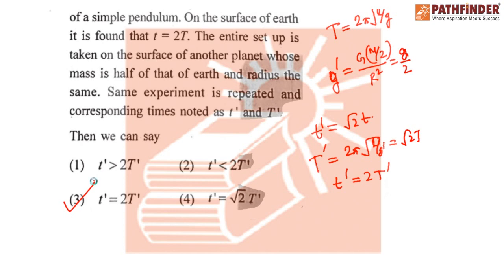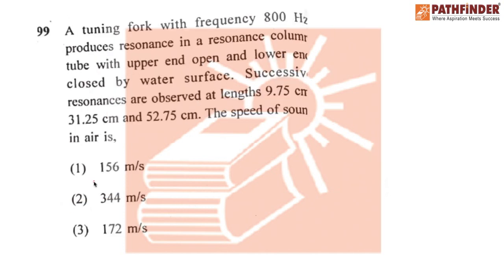Okay, now for the next one. A tuning fork with frequency 800 Hz produces resonance in a resonance column tube with upper end open and lower end closed by water surface. Successive resonances are observed at some lengths which are given. We have to determine the speed of sound in air. From the first information, we get lambda by 2 is equal to 9.75, that is the length, plus x.